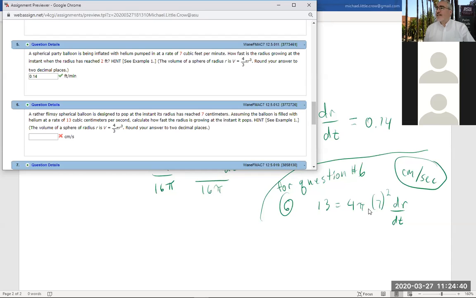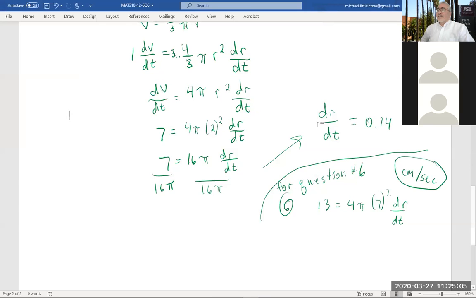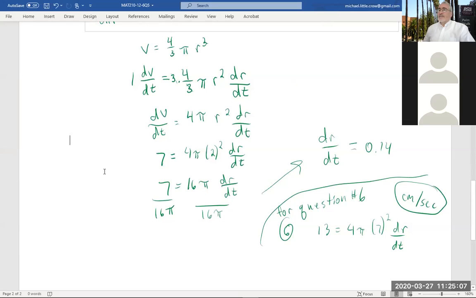I take that same formula, the derivative formula. The radius would be 7. For mine, the rate of change is 13 cubic centimeters per second, so that's the dV/dt. I put in the 13, and that's how question number 6 would be. Again, just different numbers, but overall it's the same thing, starting with exactly the same derivative.